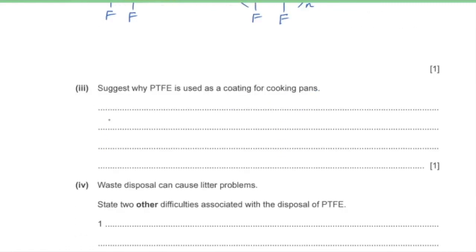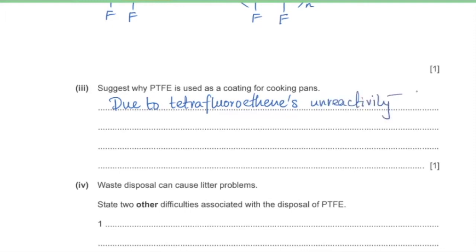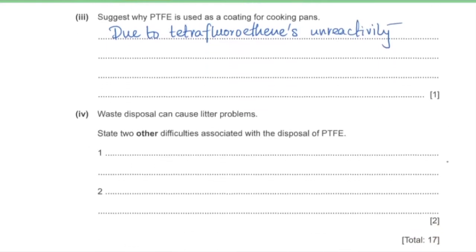Part 3 suggests why polytetrafluoroethene is used as a coating for cooking pans. So this is because of its unreactivity. Because you wouldn't want your pan to be covered with something that's easy to burn. Part 4, waste disposal can cause litter problems.